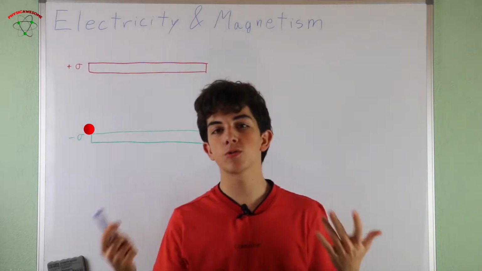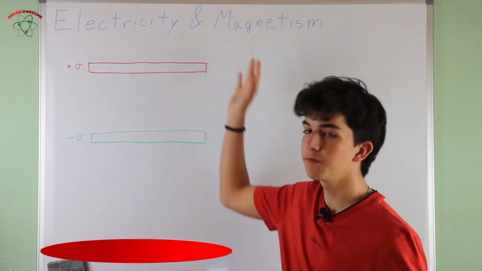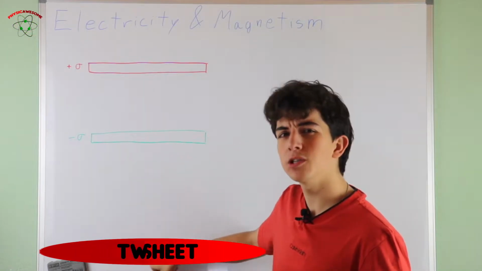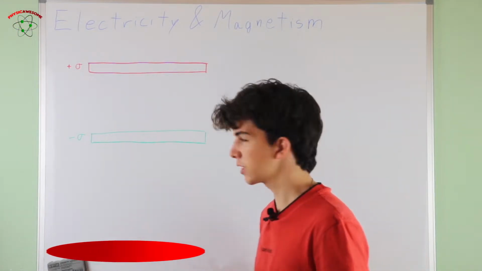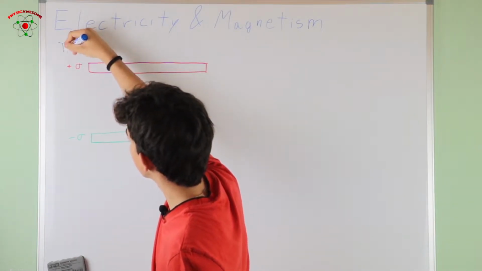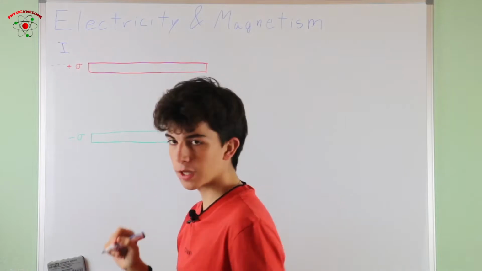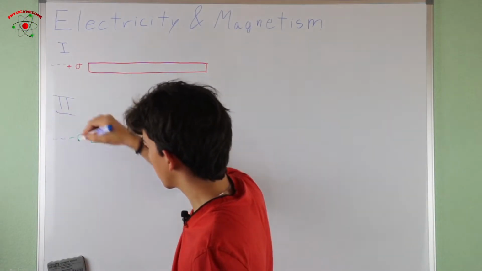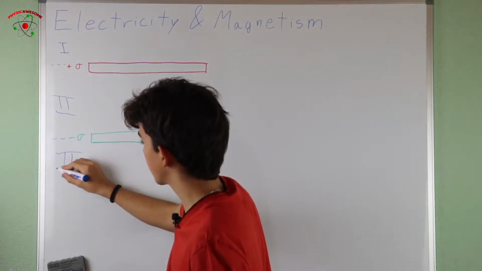Alright, now let's try to understand what happens when we have two thin sheets. We can see there are three different regions we're going to be interested in. We're going to have region 1 up here, region 2 in between the two sheets, and region 3.